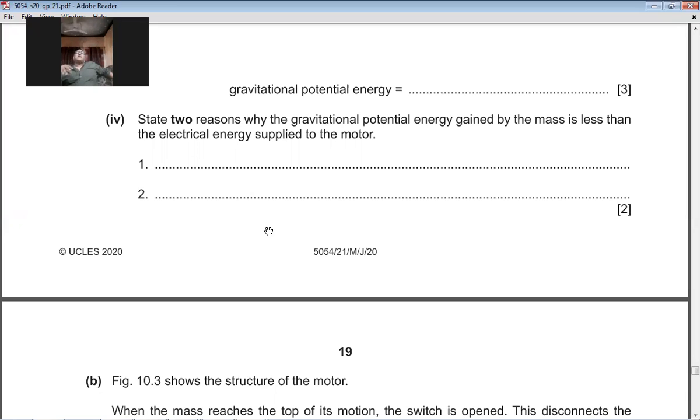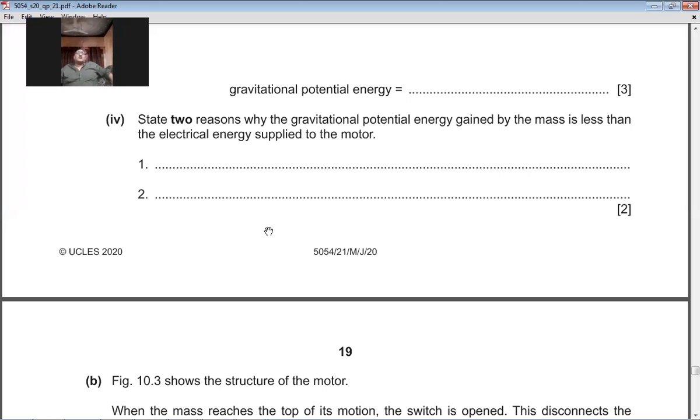Another thing can be that some of the electric energy was converted into kinetic energy, because the body is moving upward, so it has kinetic energy. We are not considering it. So some of the energy has been converted into the kinetic energy of that mass, which is moving upward. Another reason can be that when you move upward, you have to overcome the air resistance.